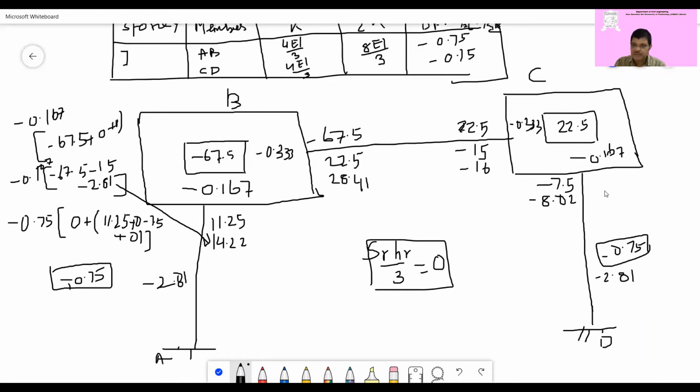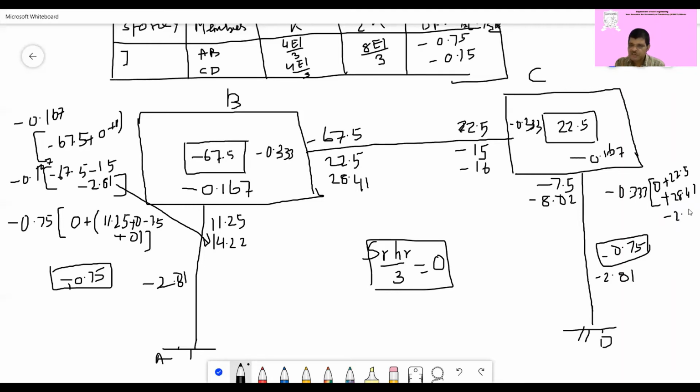22.5 minus, minus 0.333 for the second cycle, multiplied with your story height moment 0, plus 22.5 is the quiescent moment. Then the contribution from the far end is 28.41 here, so plus 28.41. Then from the far end here is minus 2.81 from this end.